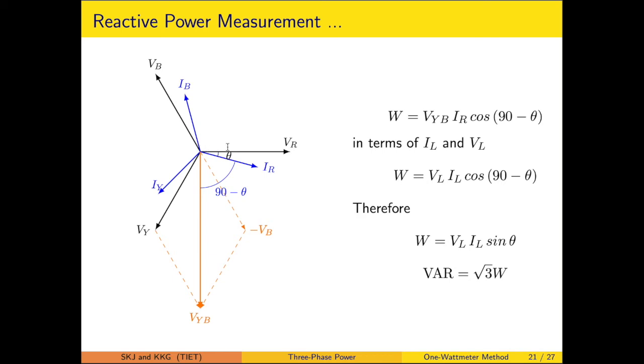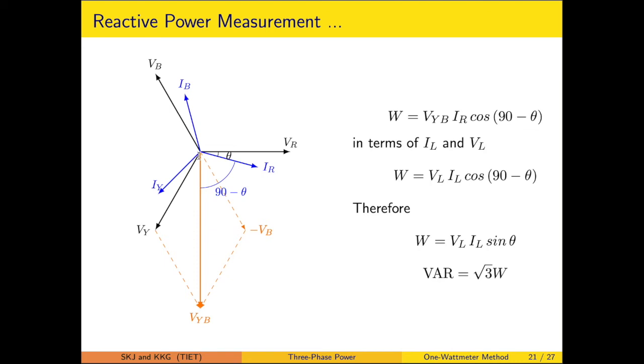Whatever is marked with the black and the blue line represents the phase voltage and the phase currents. The wattmeter is connected with the IR, and the voltage between Y and B, so it is measuring VYB.